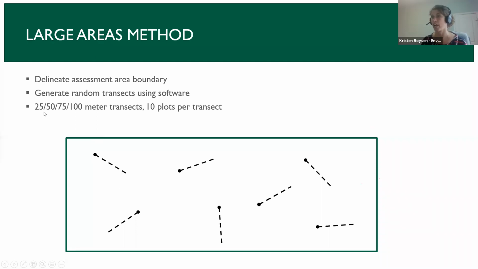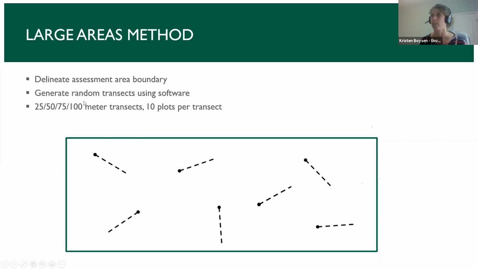So instead of doing it while you're in the field, you randomly generate 10 starting points for standardized transect length. It can be any size you want, as long as you have 10 plots per transect.